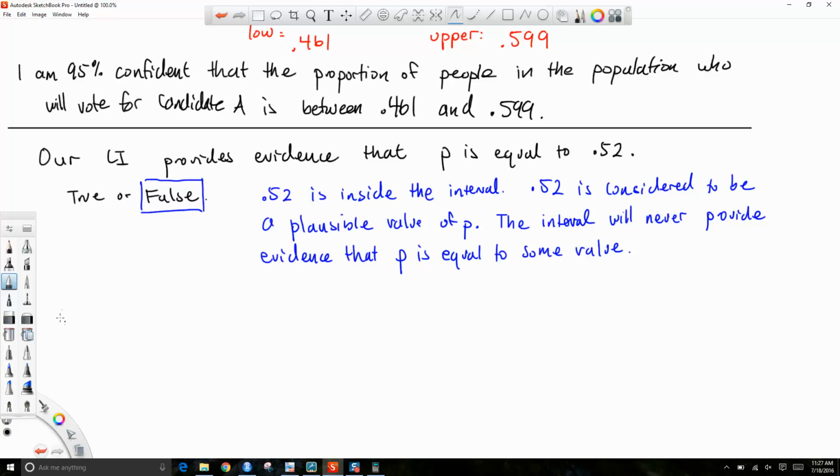All right, here's one more. If we take another random sample, so there's a 95% probability. Because we're talking about a future random sample, it's okay to talk about probability.